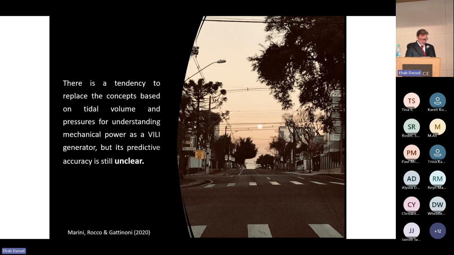There is a tendency to replace the concepts based on tidal volume and pressure with understanding mechanical power as a generator of VILI, but its predictive accuracy is still unclear. ARDS and VILI merge into a virtually unique and complicated form of lung injury where the relative contributions are indistinguishable and cannot be individually attributed as the cause of death.